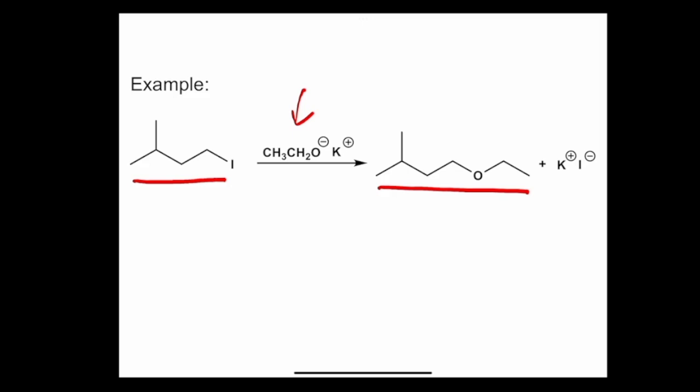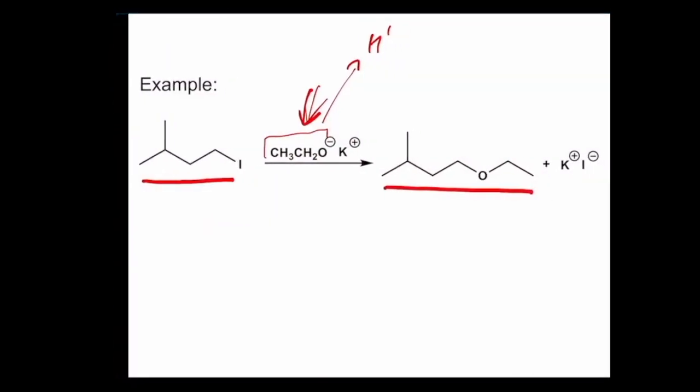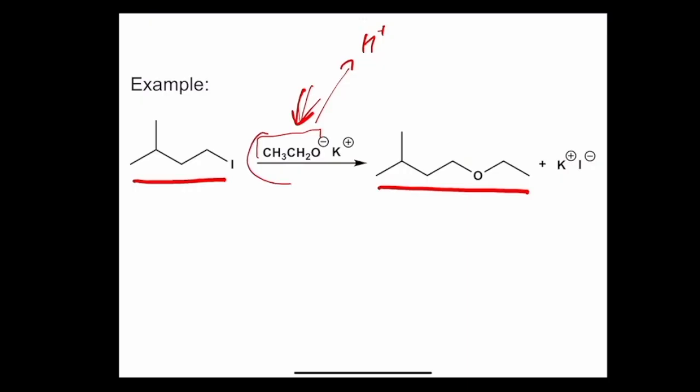Now notice something above the arrow here. How many carbons in this little fragment up here? 2. Okay, if I added a proton back to this thing, what would I get? If I gave it a proton, what does this thing form? Yeah, an alcohol.